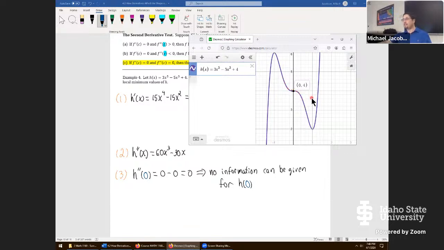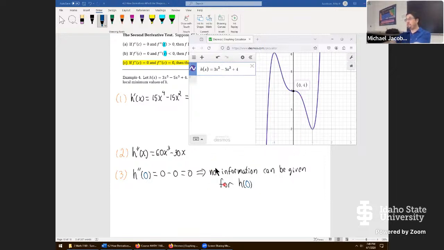If it turned up and that was gone, that would have been a local minimum. Or if the left part was like that, and that wasn't there, that would have been a local maximum. But this is one of those cases where it's neither minimum nor maximum, just fully decreasing.